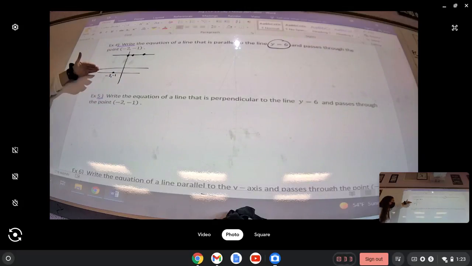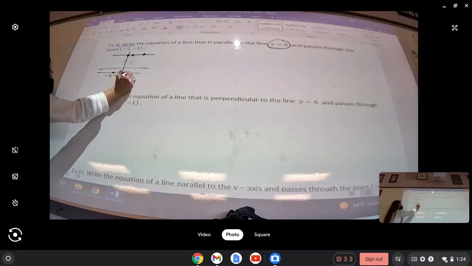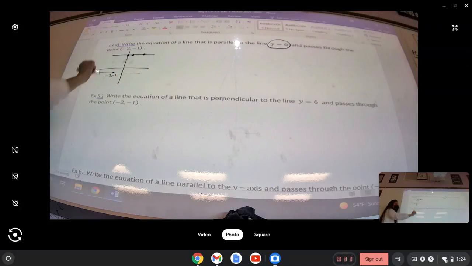So guys, look at your line and tell me right now which coordinate on that line stays the same all the time. No, -2 is changing. Here's -1, -1, 0, -1, 1, -1, 2, -1, 3, -1, 4, -1. The x is changing like crazy because this line is going right and left. Is it going up or down? So who's not changing?